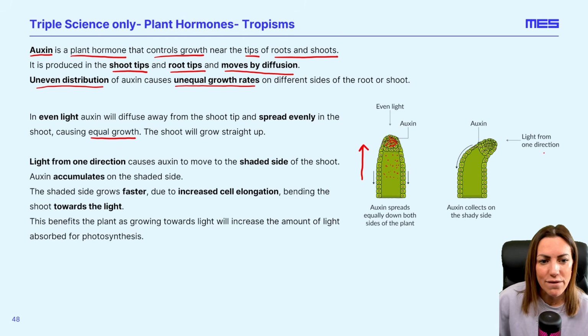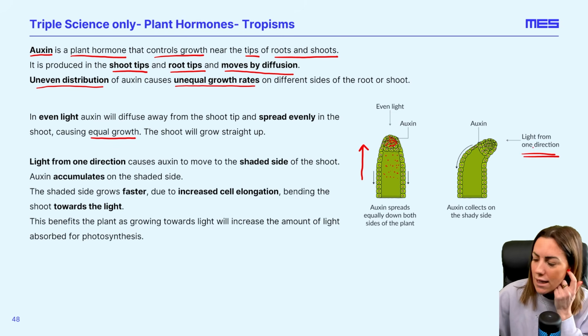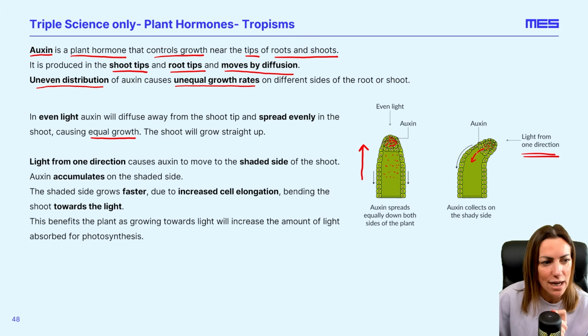So let's imagine now we've got light from one direction, coming from the side only. Now again, auxin is produced in the shoot tip. Auxin will start to diffuse down the shoot from a higher concentration in the tip to a lower concentration down the shoot. But because we've got light coming from here, the auxin will move towards the shaded side.